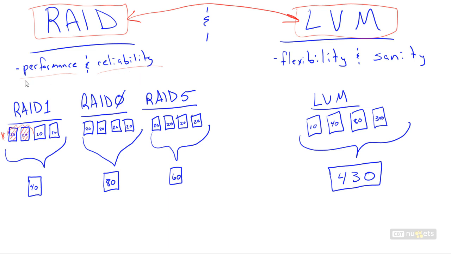RAID 0 provides performance. What this does is, let's say you're writing a file, okay? And we have the 4 20 gig drives again. In RAID 0, this stripes the reads and writes across the drives. So instead of saying, okay, I'm going to write a really long file, what it does is it cuts the data into 4 bits and it writes across 4 at one time.